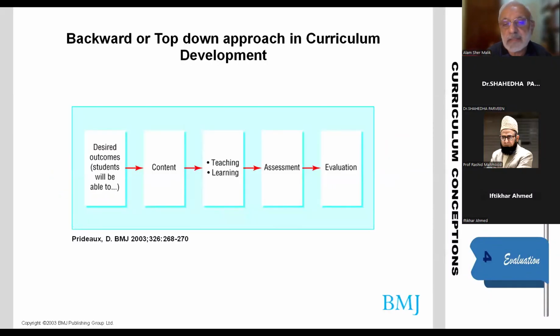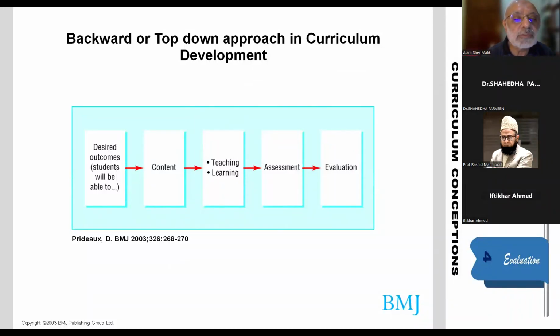Here is one from the BMJ. We have desired learning outcomes. We write down what the students will be able to do at the end of, let's say, a course.